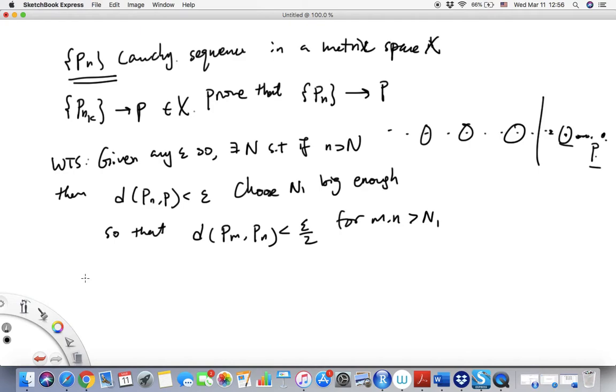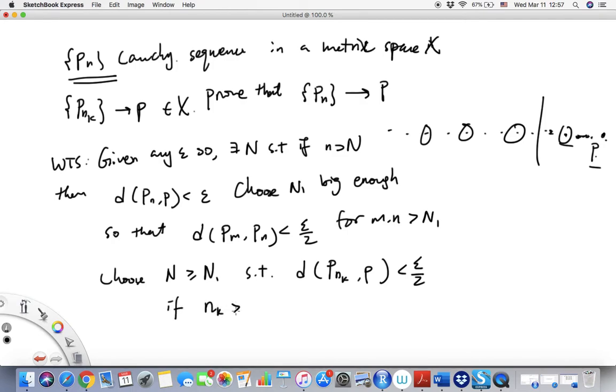And then we can choose nk bigger than or equal to n1 such that the distance between P_nk and P is less than epsilon over 2. Then we just use the triangle inequality.